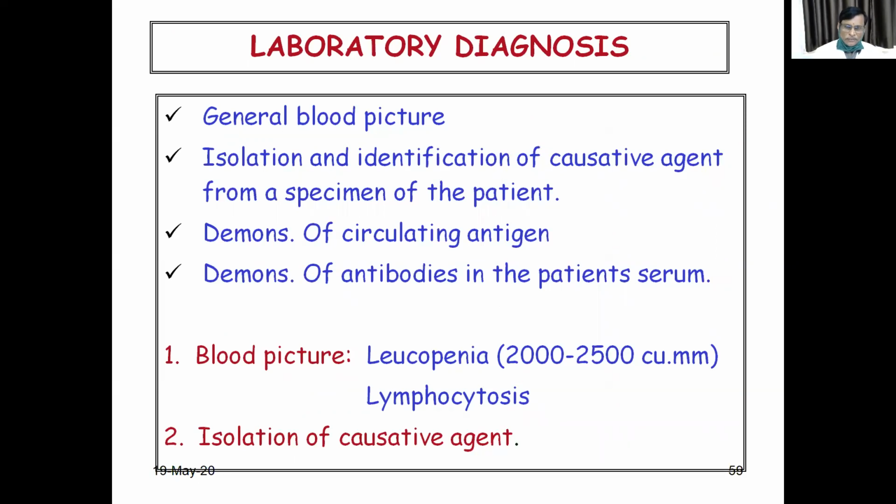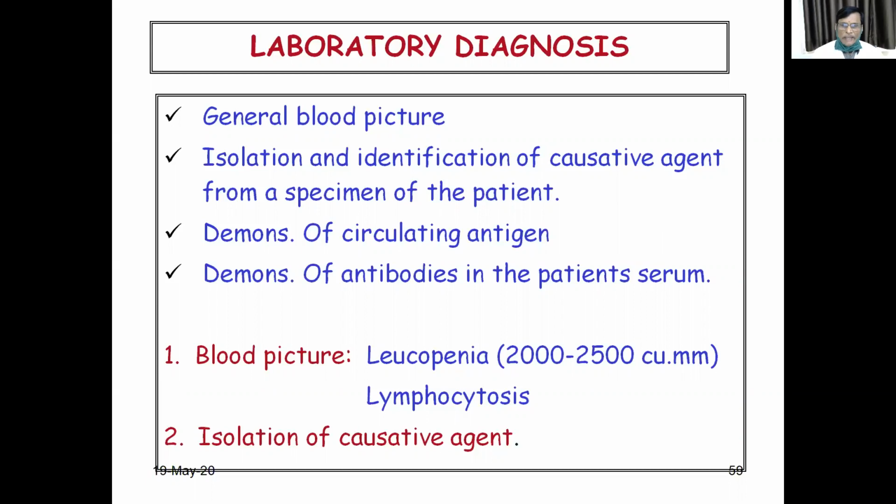In general, last time we already discussed, any laboratory diagnosis of any microorganism, whether it is a bacteria, virus, fungus, or parasite, you can safely divide into direct evidence and indirect evidence. Direct evidence is showing the organism directly, either under the microscope or in the culture.